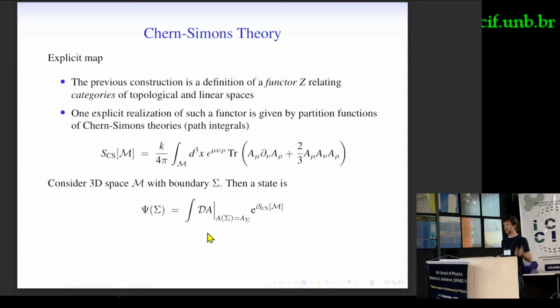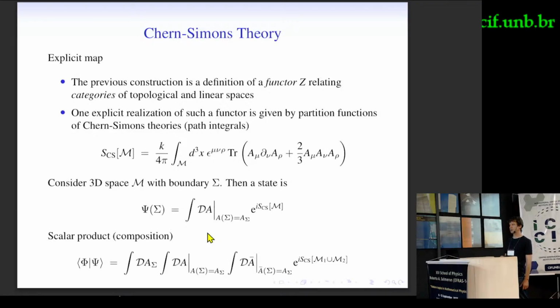S1 is your time, you fix a certain time moment, and you fix boundary conditions on the sigma, and you compute the path integral over all configurations with these fixed boundary conditions on the surface sigma. This should produce a state in the Hilbert space. And then you can take two states like this and glue them together and integrate over boundary conditions, and this will be analogous to gluing two manifolds in the axiomatic formulation.